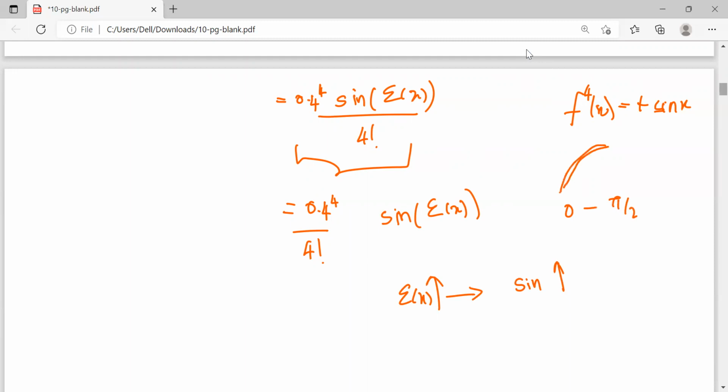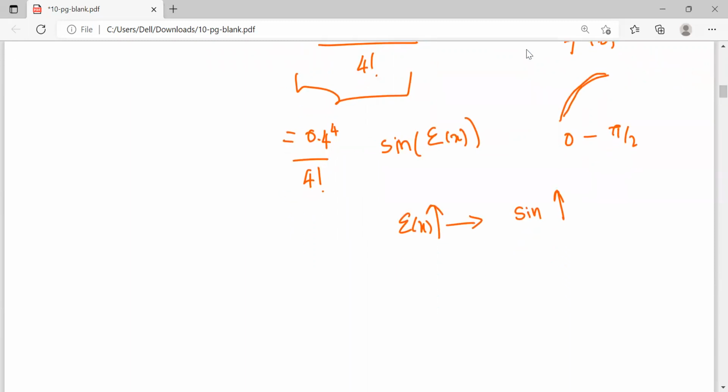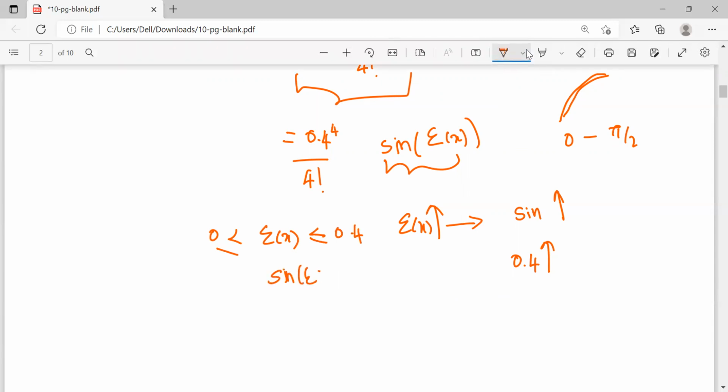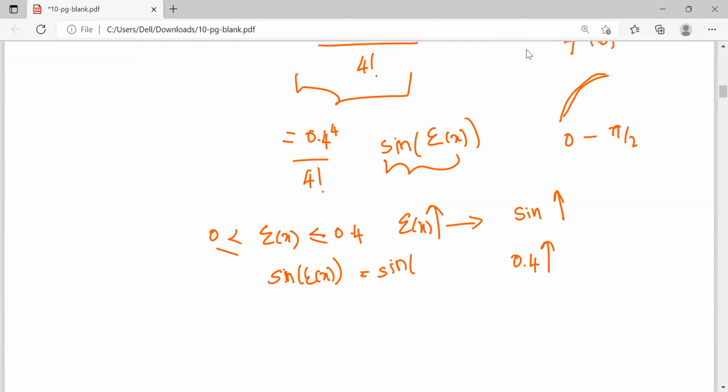The range of epsilon x is 0 to 0.4, so the maximum value of sine epsilon x happens when it is equal to sine 0.4.